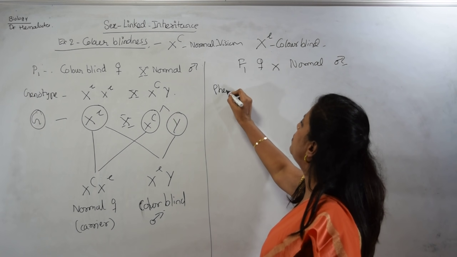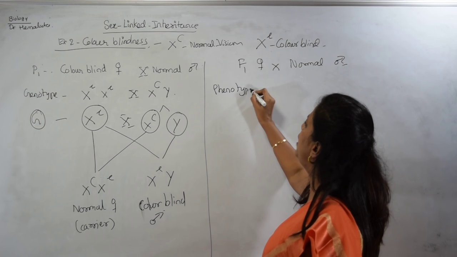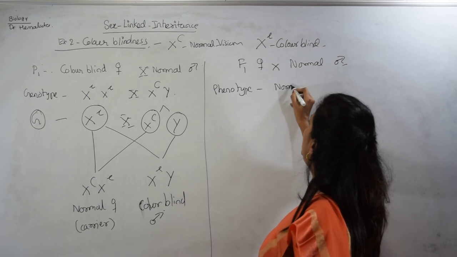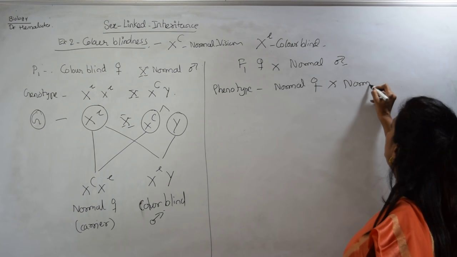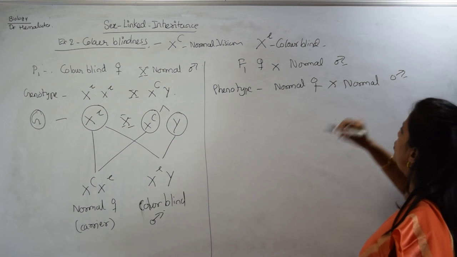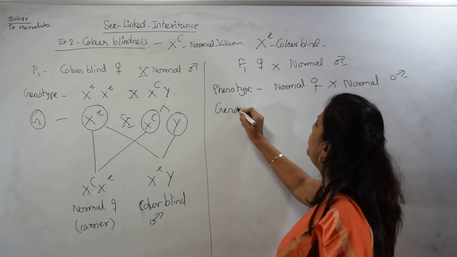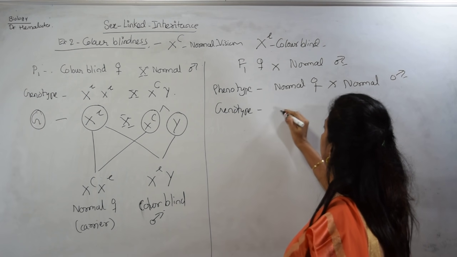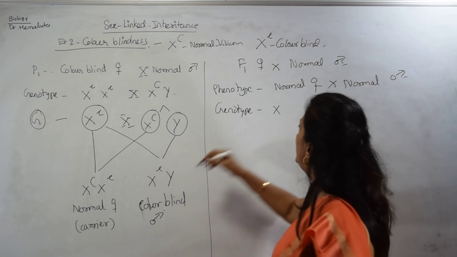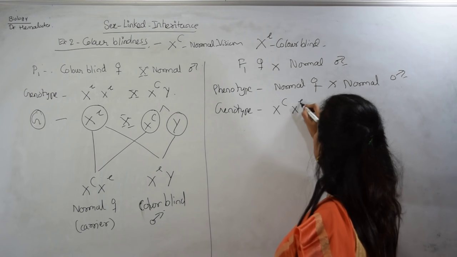What is the phenotype of the F1 female? She is a normal visioned female married to a normal visioned male. Okay, two things. What is the genotype now? Whenever you write the genotype, the normal visioned female should be X capital C, X small c.